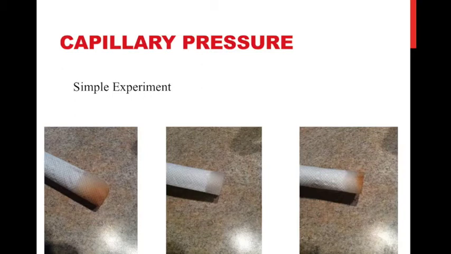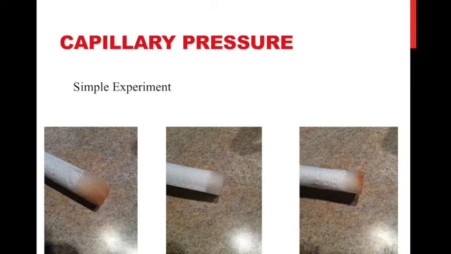Here we made a simple experiment to see the effect of capillary pressure. In the first picture on the left, we took a paper towel and allowed colored water to enter through its pore space. As we can see, the colored water only went about 2 inches from its end. In the middle picture, we did the same thing, but we used vegetable oil.